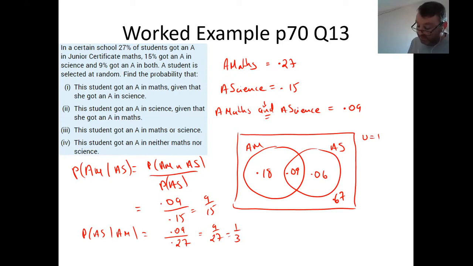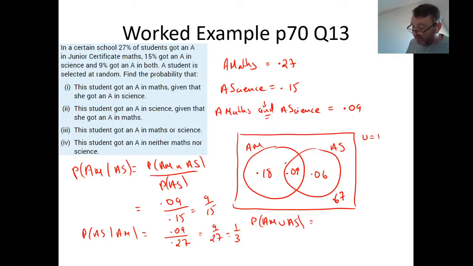Okay, part 3. This student got an A in maths or science. Now be careful, an A in maths or science. Or means that we're going to add. So or means add, but it also means the union of the two sets. So this one is the probability of an A in maths or an A in science. And we can do that straight away because there's the union.